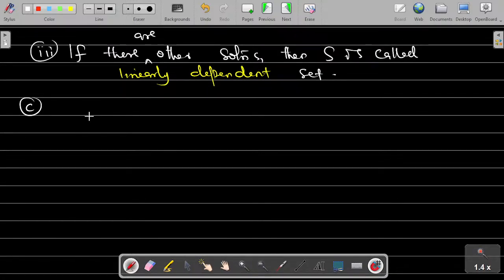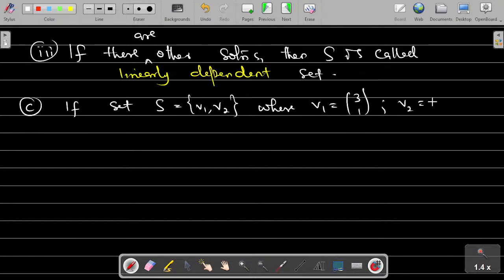C says, with good reason, determine if set S equal to V1, V2, where V1 is equal to (3, 1) and V2 is equal to (6, 2).